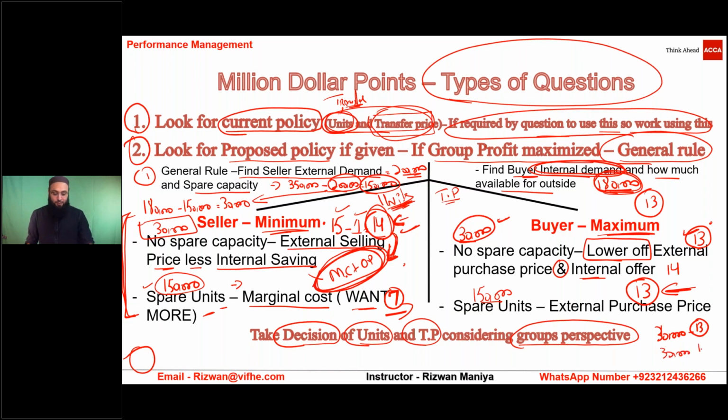Remember? 15. The seller will sell for 15 and the buyer will buy for 13. Understood? Is this decision right?